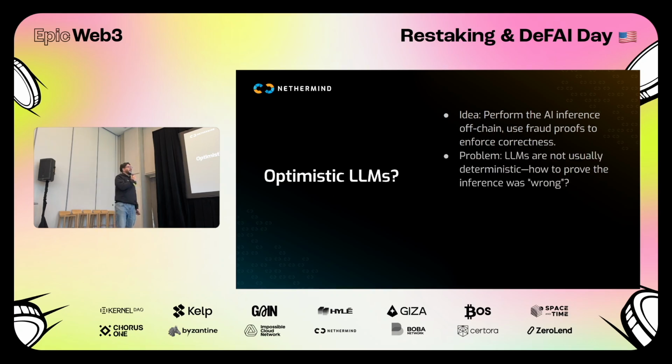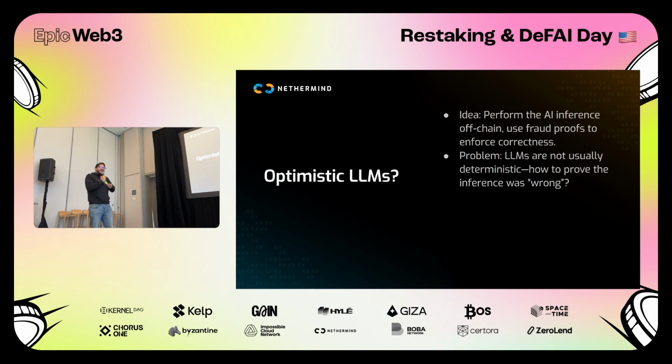Now, there's a banana peel that we slip on immediately when we try this, and that is the problem that LLMs are usually not deterministic. Anyone who has played around with ChatGPT knows this, right? You ask it the same question a handful of times, you might get different answers. This is very ingrained in a fundamental property of these models, and it's very hard to fight against it.